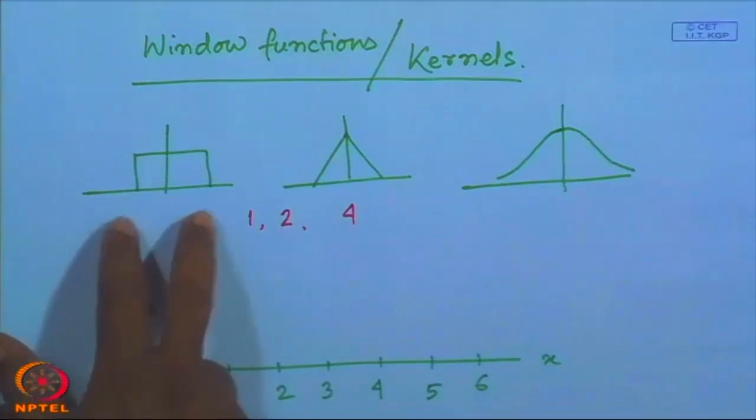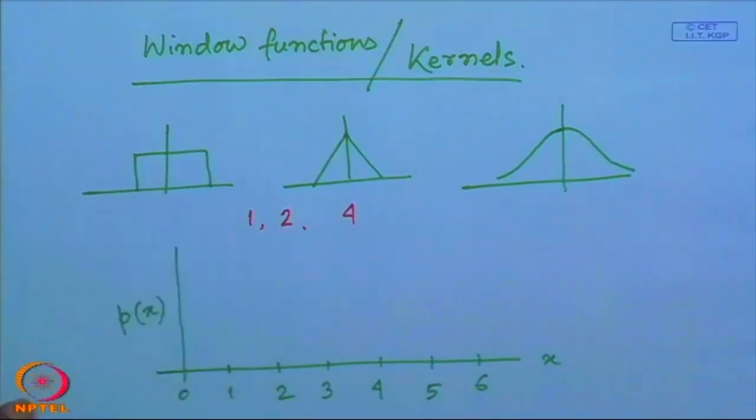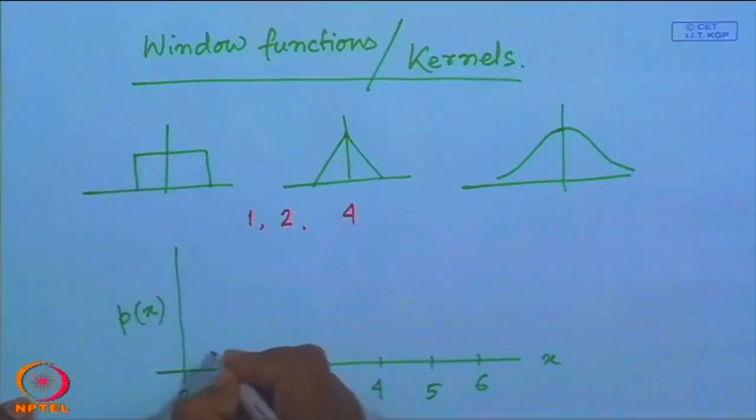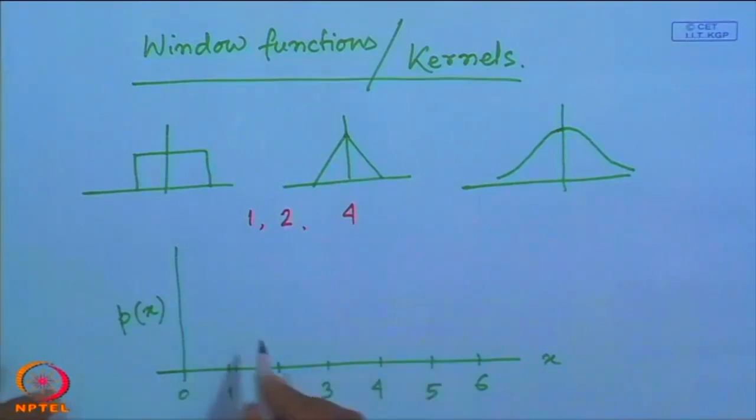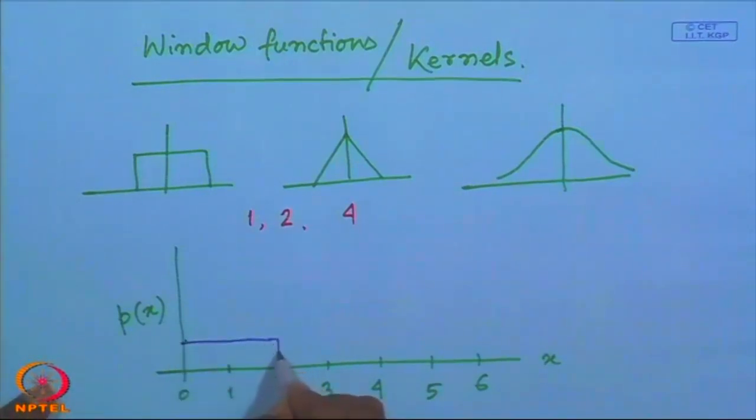So if I use, say, the simpler case, the rectangular window, then at 1 I will have a rectangular window. Suppose the width of the window is, let us assume, 2. So I place a window of width 2 over here.